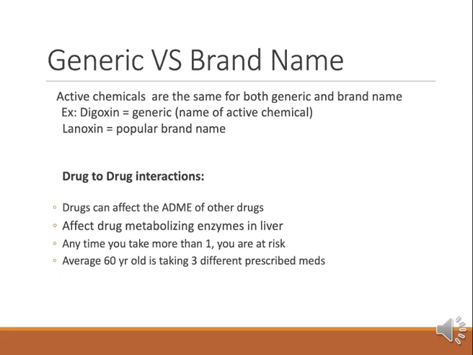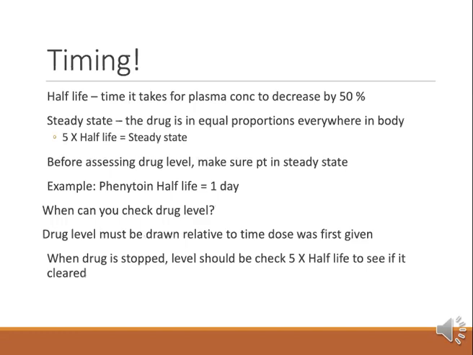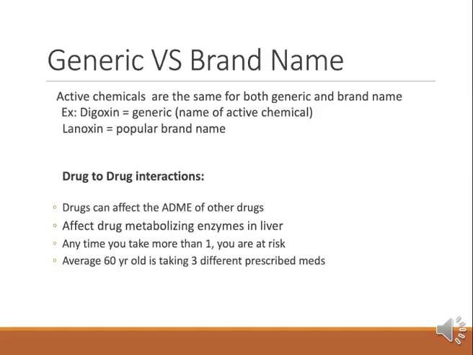So just to give you some examples, an example would be a transplant patient, right? They just had a transplant and they are put on immunosuppressants, as well as perhaps blood pressure medication, maybe an anticoagulant, right?